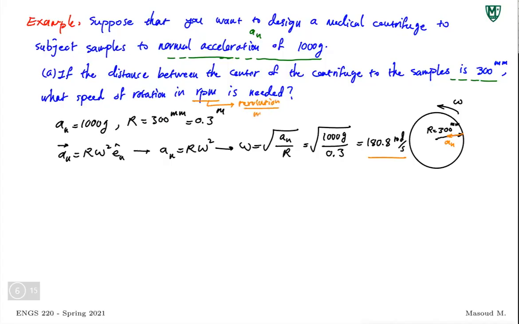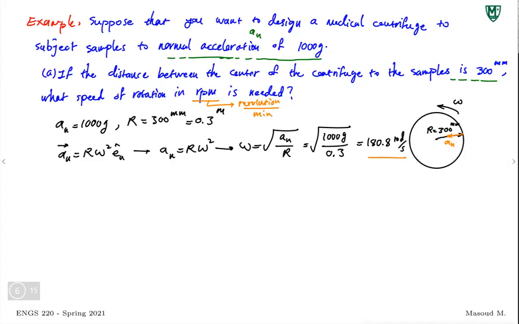RPM stands for revolutions per minute, meaning the number of revolutions, if you think about a circular motion, how many times you rotate around a circle in 1 minute. 1 time, 2 times, 10 times, 100 times, then it's going to be 100 revolutions per minute.